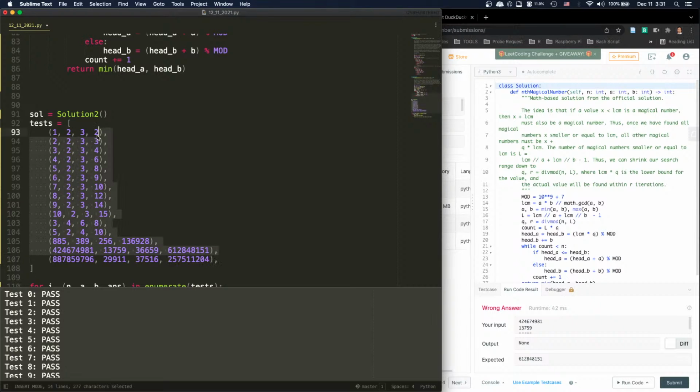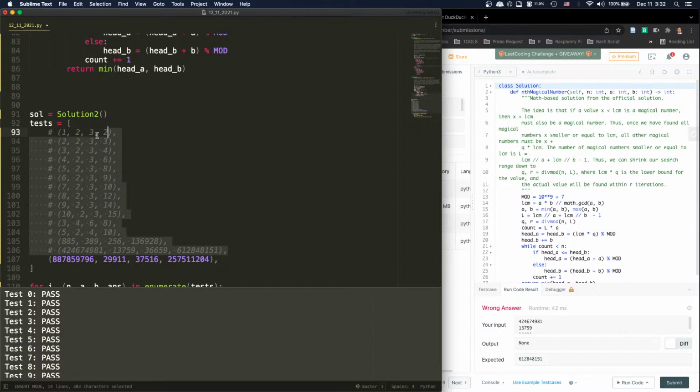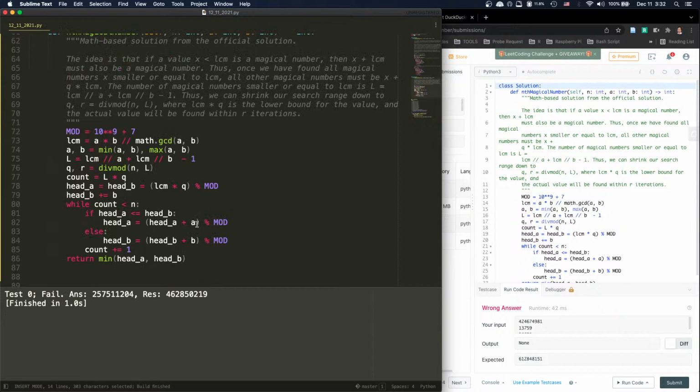Oh. Count is L times Q. This is right. Head shall be this times Q. Yeah. And we mod.